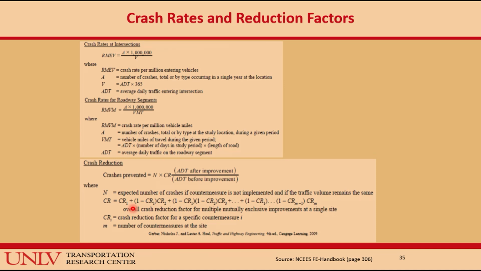I will work out a couple of problems to illustrate how you apply it. But the point here is why we have the 1 minus thing is we have already accounted for CR1. So that is why on the second term we have 1 minus CR1 multiplied by CR2. The third term we have already accounted for CR1 and CR2. So it is 1 minus CR1, 1 minus CR2 and then CR3, so on and so forth.